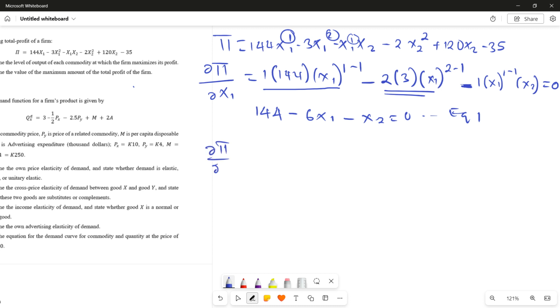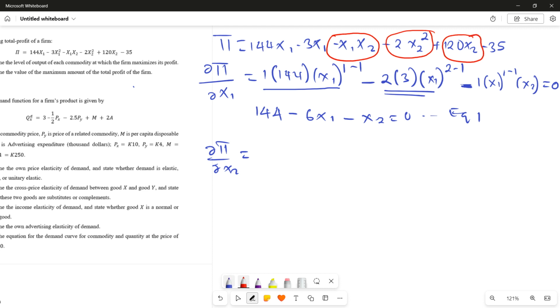The second step, let's get the derivative with respect to x2. We've already discussed how we differentiate, right? So for this one, I'll just go straight to the final answers. With respect to x2, x2 is present there, x2 is also present there, and it's also present there.